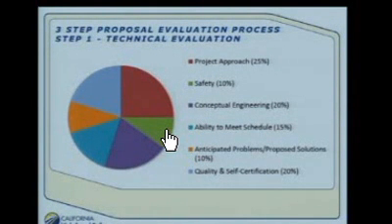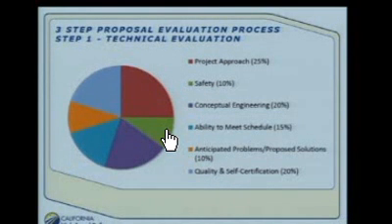There are 5 proposal teams, and we are confident that there will be 5 proposals submitted. The first evaluation process will be a technical evaluation, and these are the weightings we'll put on the various subject areas: project approach, safety, conceptual engineering, ability to meet the schedule, anticipated problems and solutions, and quality and self-certification.